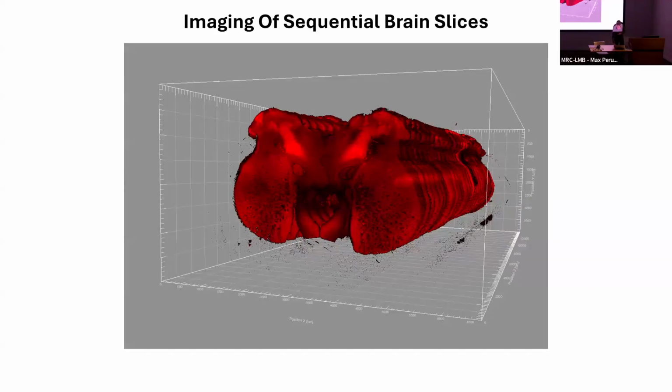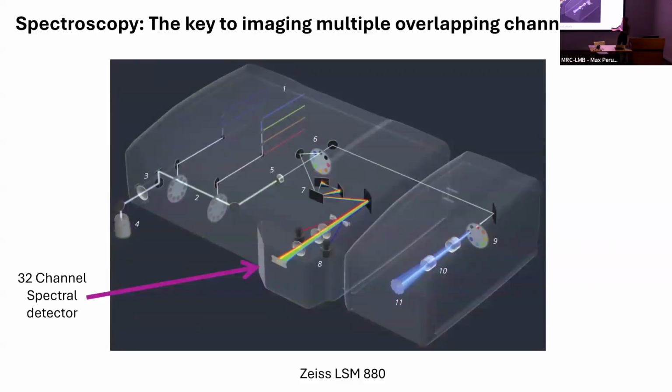I'm just going to go on a slightly different tack. This is where Pier was talking extensively about the spectroscopy of flow cytometers. So something like this can go on inside a point scanning confocal microscope because we've got a single point of excitation.